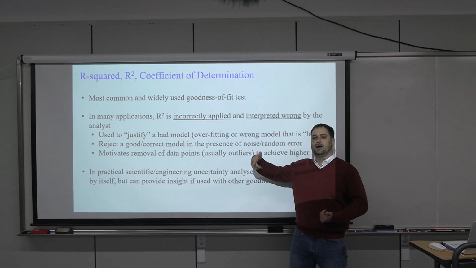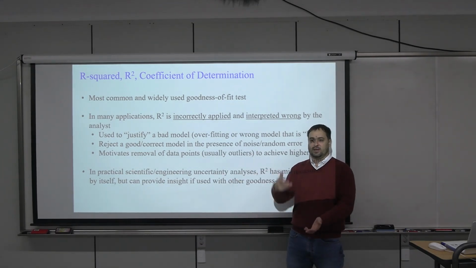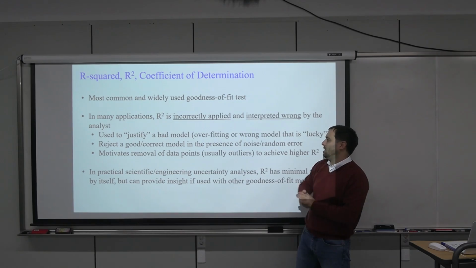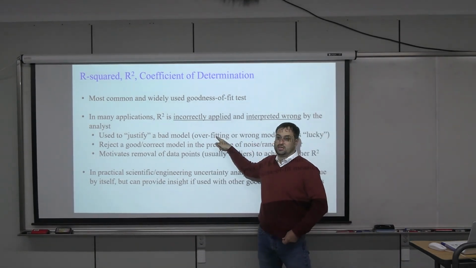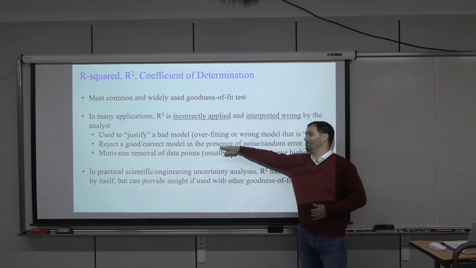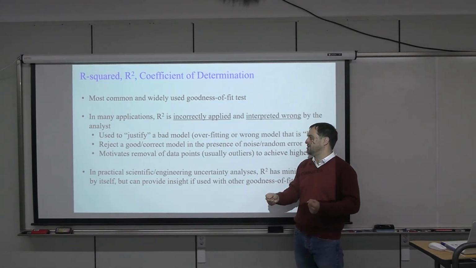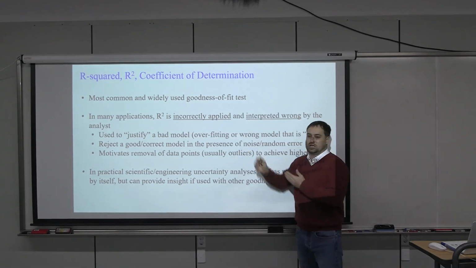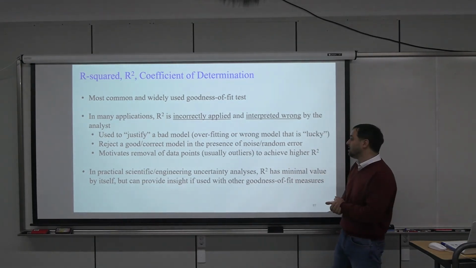Then we'll fit a high order polynomial that's overfitting, we get a high R squared, and we go with the overfit model. Usually a much simpler model is the correct model. So using R squared, you can reject the correct model, and then use it to justify the wrong model.